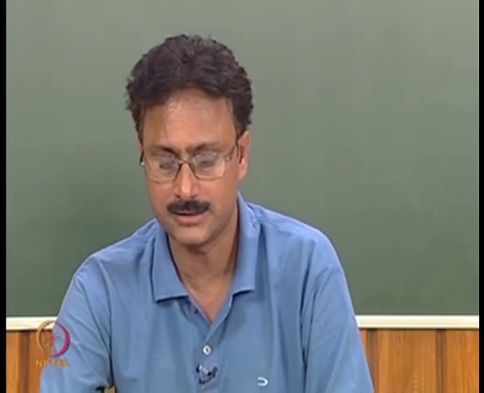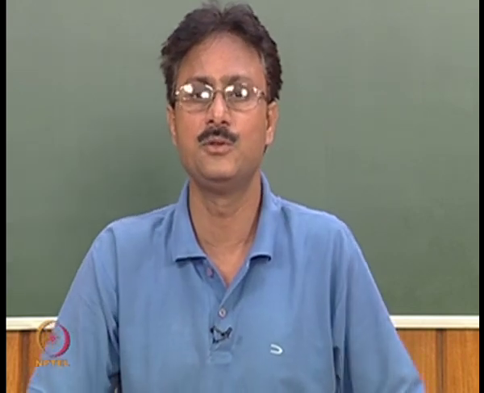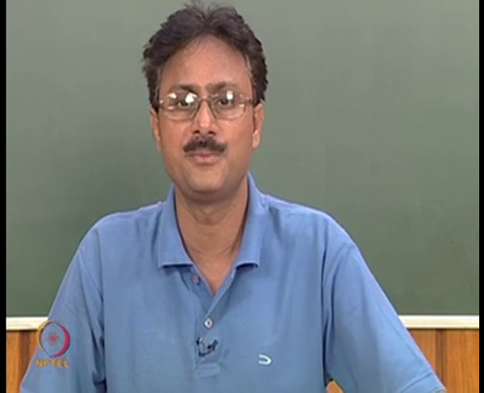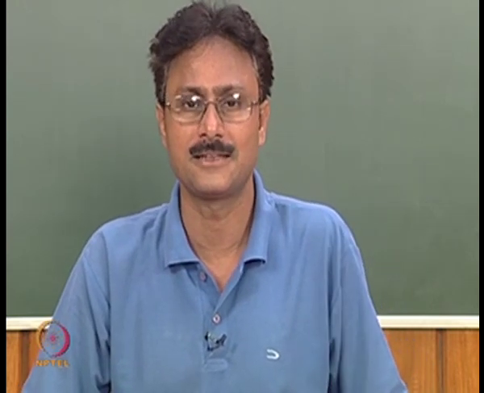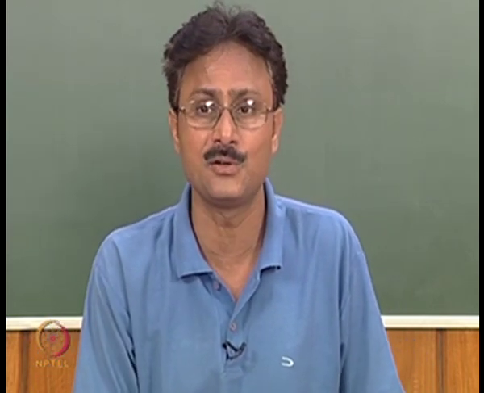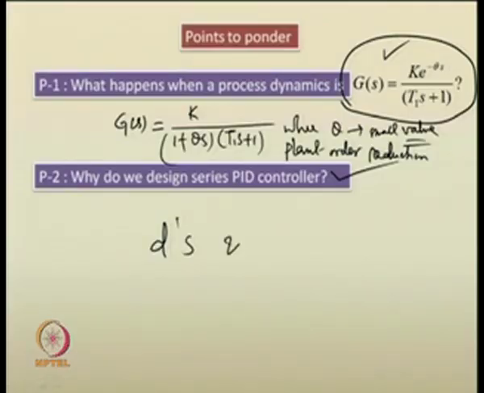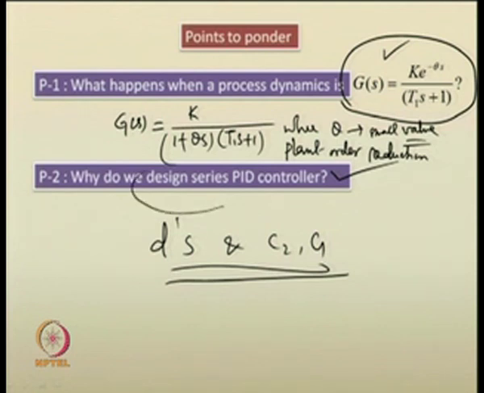If that is not the case, when we use a parallel PID controller, two zeros appear in the standard transfer function, and it is very difficult to find the optimum values of the d's and C2, C1 in the case of a parallel PID controller. That is why we need to design a series PID controller. That is all in the lecture.